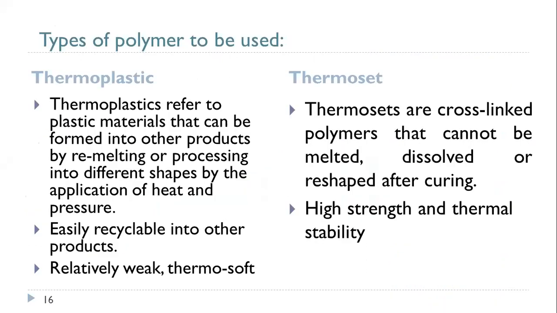The types of polymers that are going to be used to produce the membrane can be divided into two parts: thermoplastic polymers and thermoset polymers. Mainly in electrospinning, we use thermoplastic polymers. Why?